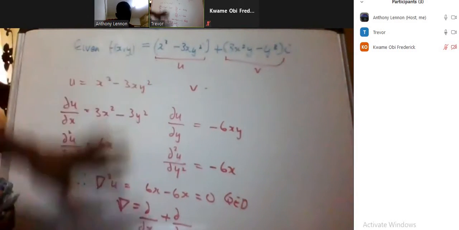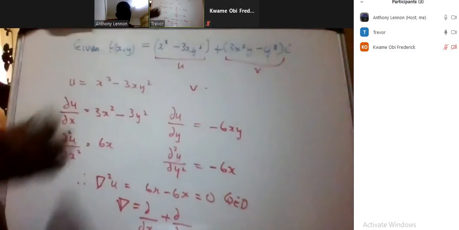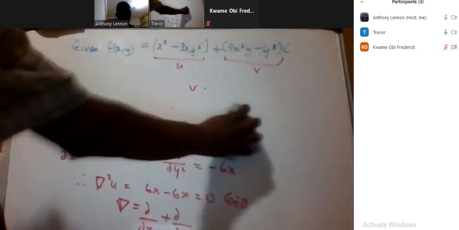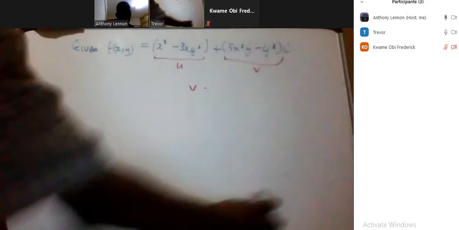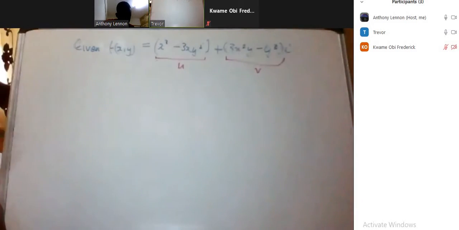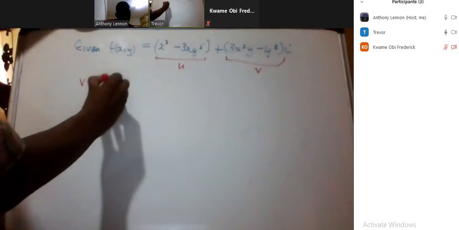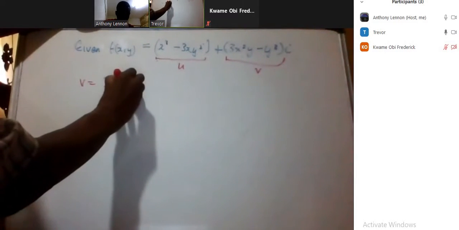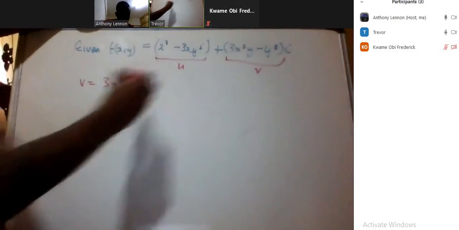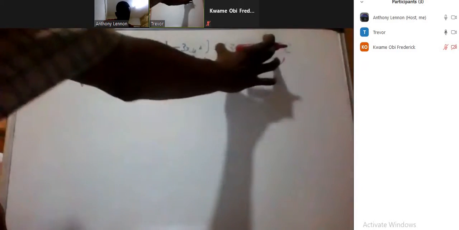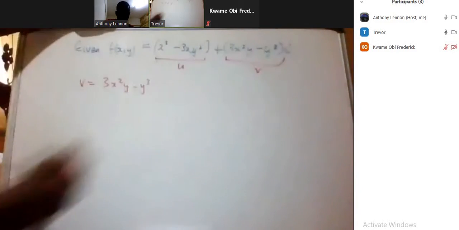All right, so rub it out, and then I'm going to go to this guy. So the second one now is v. v is equal to 3x squared y minus y cubed. The v part is the coefficient in front of the i.